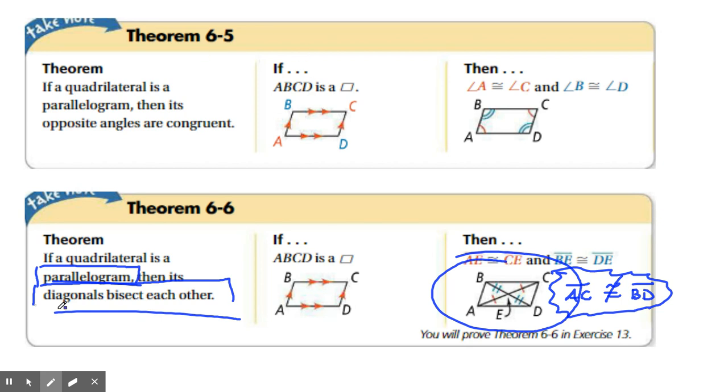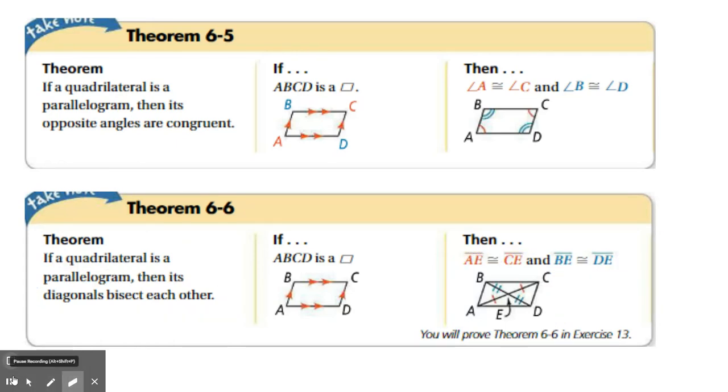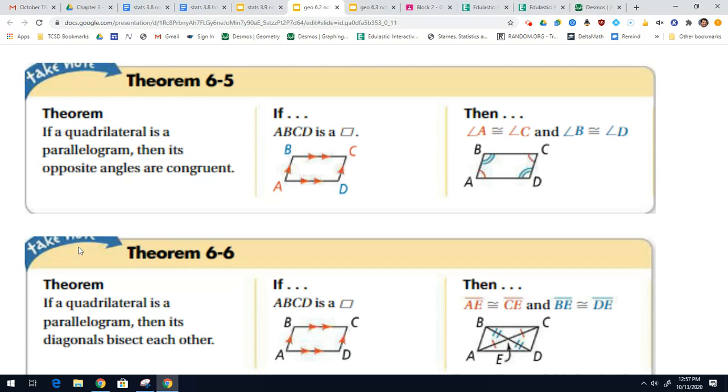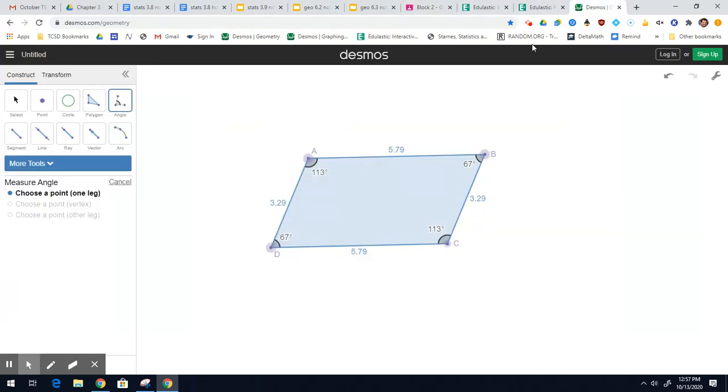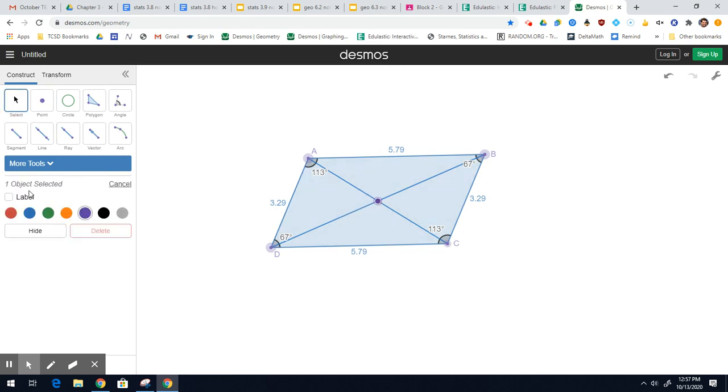Now I'm going to try to do this on Desmos geometry, but this is tougher to do. So bear with me as I go through. Okay, so I'm on here. I'll draw my diagonals. So AC, BD. So I'll go ahead and label that point E in the middle there. Okay, so now I'm going to try to make segment AE and measure it.